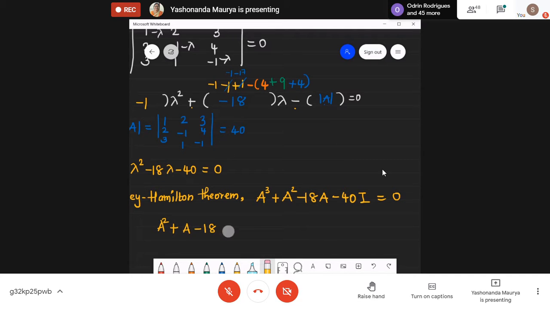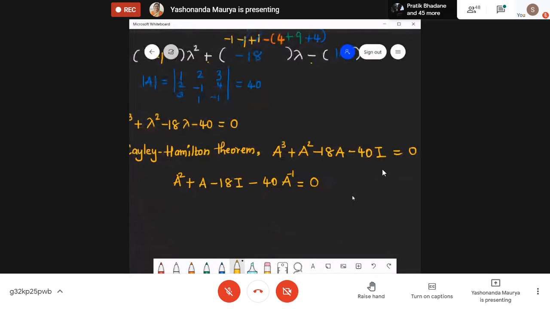What will come along with this 18? Identity. What will come along with identity? 40 times A inverse. What will be the RHS? 0. Now we'll just rearrange this. So to get the expression for A inverse, what will that be?